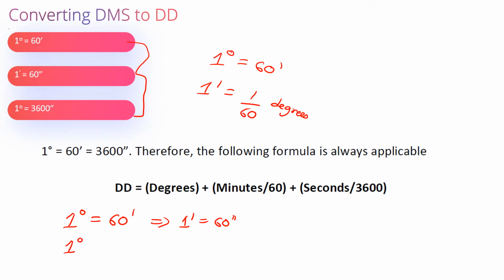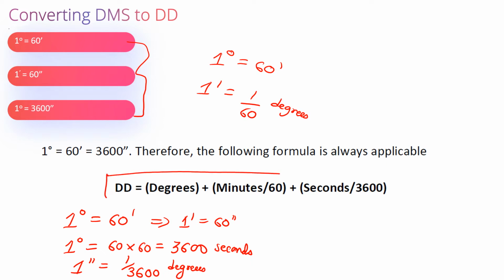So 1 degree is equivalent to 60 times 60 equals 3600 seconds, which gives us 1 second is equivalent to 1 by 3600 degrees. So by using these conversion factors, we can convert DMS to decimal degrees and vice versa.